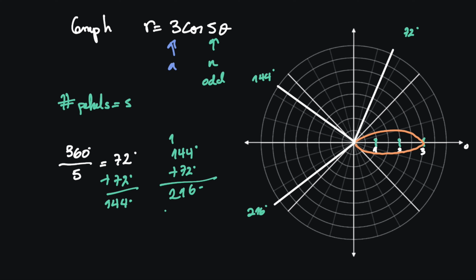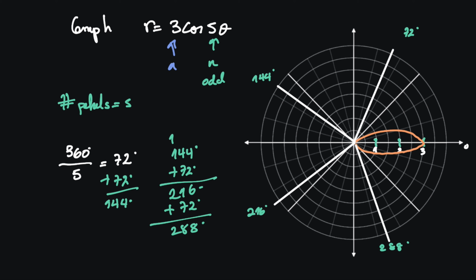So if we add 72 more, we get 288. This is 270. This is 275. So a little bit further. We're going to get something close to 288 degrees.